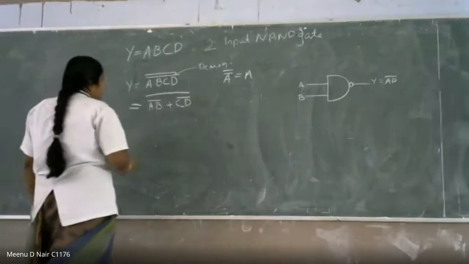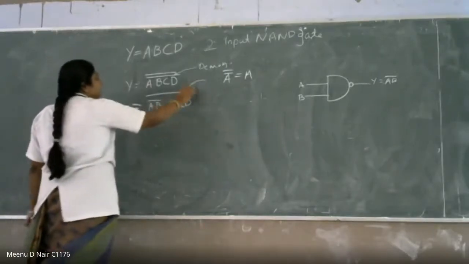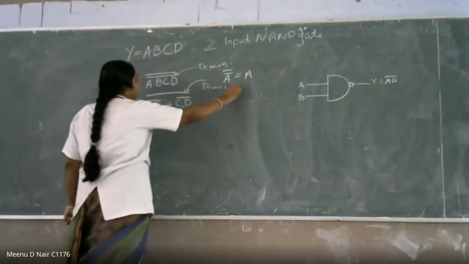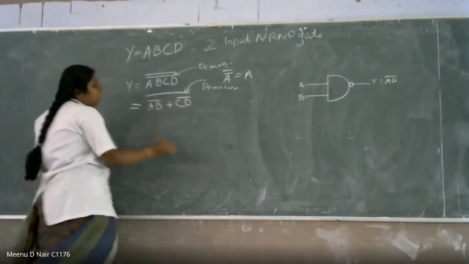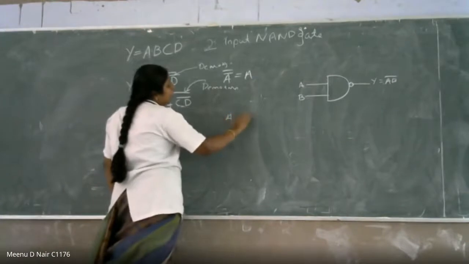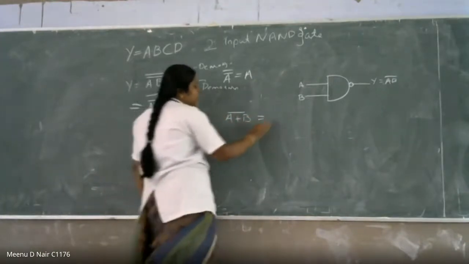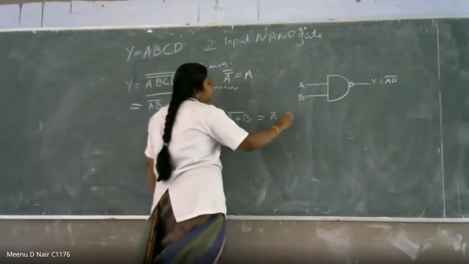Now you are going to apply De Morgan's here. Now this is like A plus B all bar. While applying De Morgan's theorem, it will be A bar into B bar.